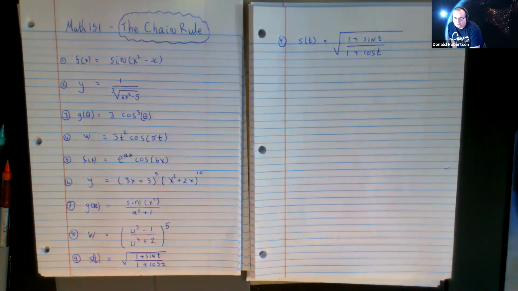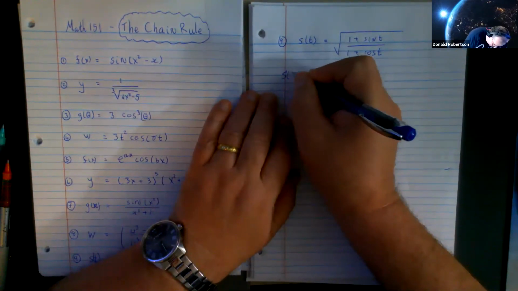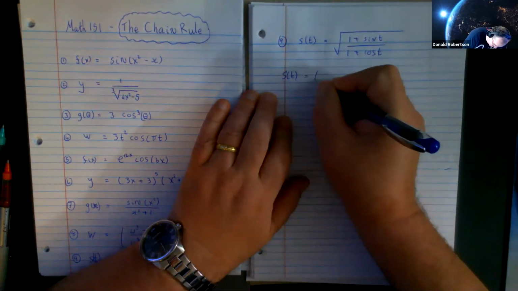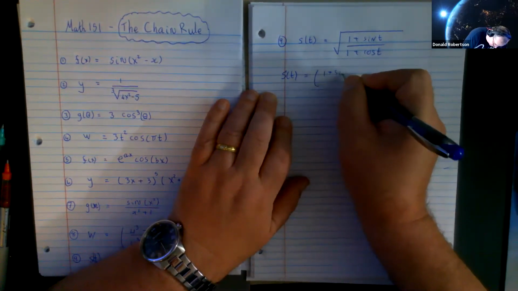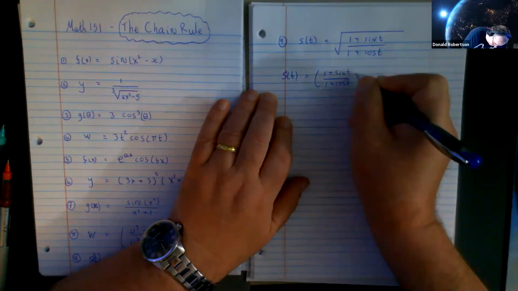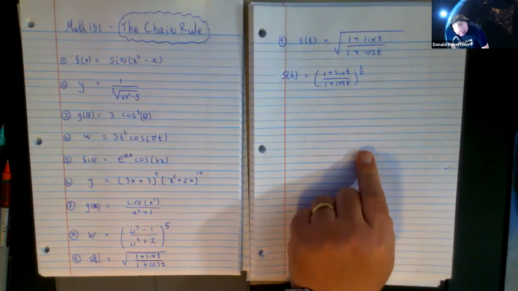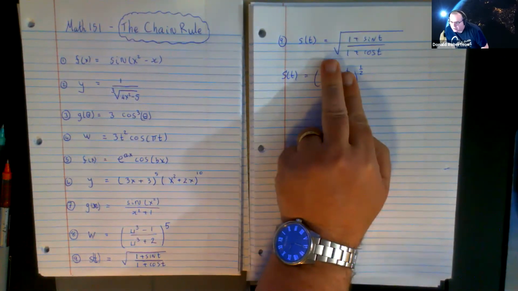Now, I can do this question two different ways. Both work. Version 1 is I think of it like that. If I think of it like that, isn't this going to be a something to the power of half and the chain rule happens first?